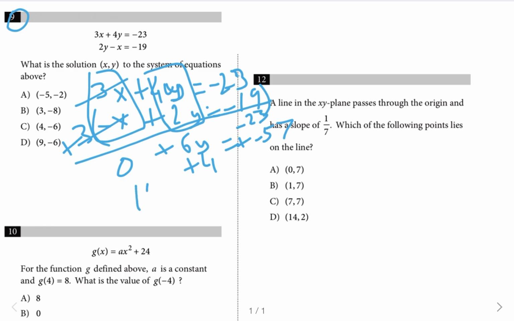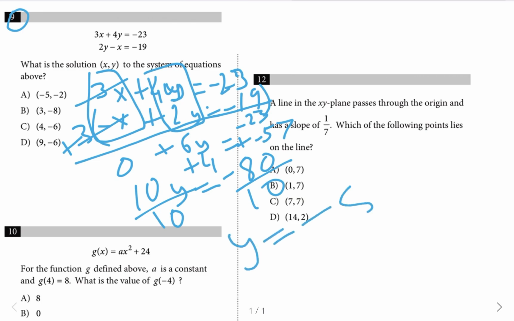Then we have 10y is equal to negative 80, because when we add negative 23 plus negative 57, we get negative 80. And then when we divide by 10, we get that y is equal to negative 8.